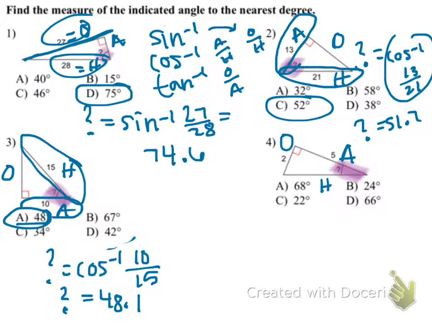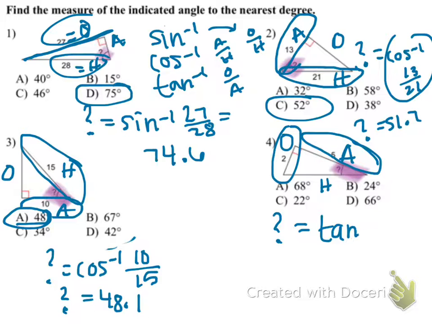Okay, so now I have question mark equals, am I going to use sine, cosine, or tangent? Well, the only one with adjacent and opposite is tangent. It has opposite over adjacent. So I'm going to do tangent inverse of opposite, which is 2, over adjacent, which is 5.